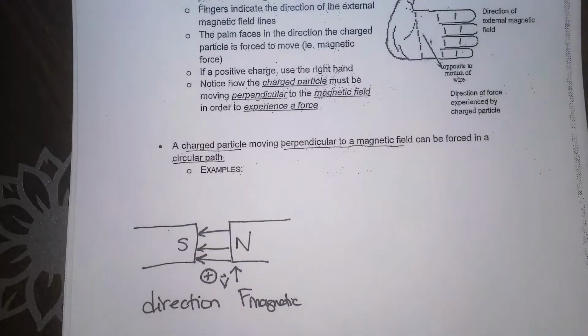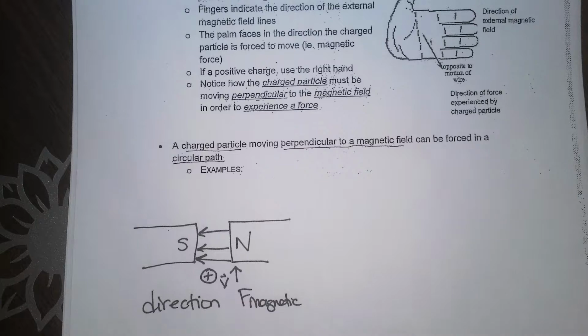My magnetic field is going this way. This part of my palm here, this is north and this is south. So my magnetic field is going this way, which means then that the charged particle will be deflected out of the page.